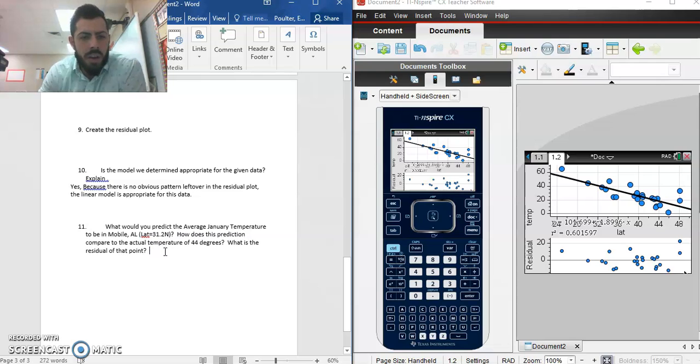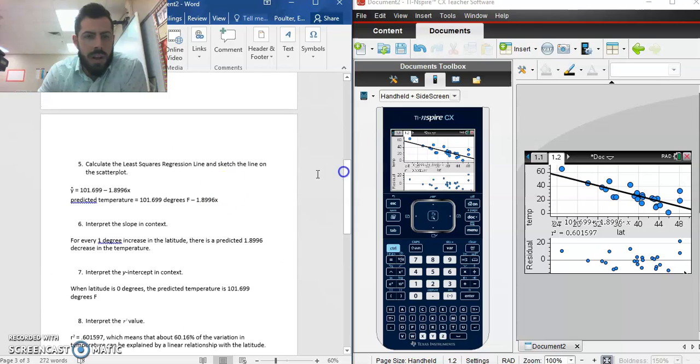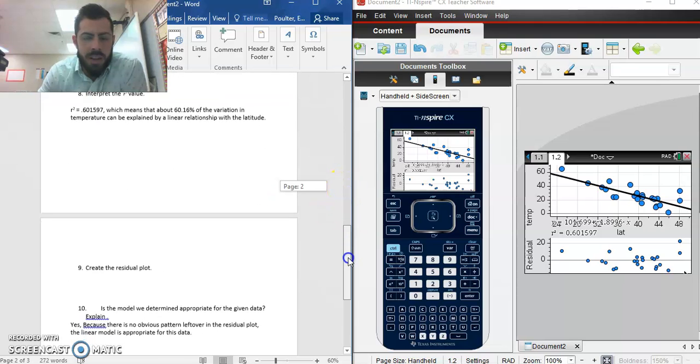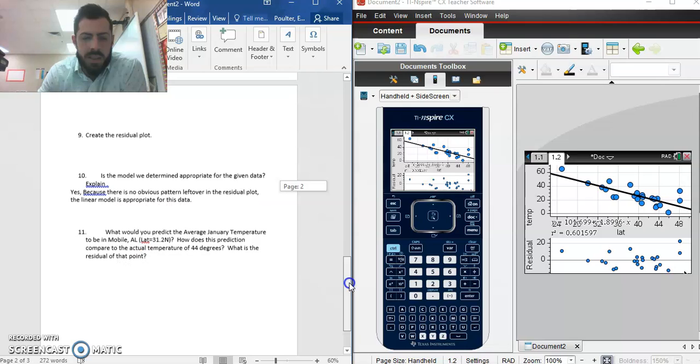This one, all you got to do is plug in. So this is asking what would you predict the average January temperature to be in Mobile, Alabama, which is there, apparently. And how does it compare to the actual temperature? So you just literally calculate a residual. That's something you just plug into this equation, and then what is that supposed to be compared to?